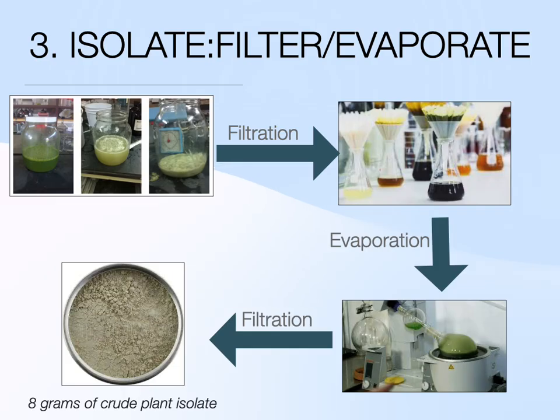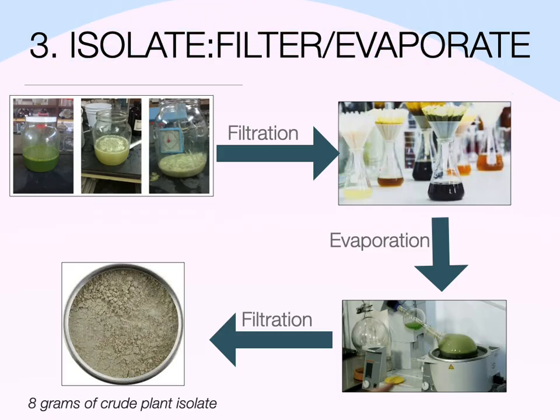Upon completion of the extraction process, the solvent, as you can see, would have become discolored as it takes on the colors of the actual plant extracts or the phytochemicals that are now being removed from the actual plant part residue and now entering into the mobile phase, which is the solvent.